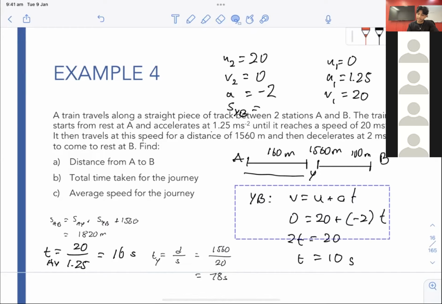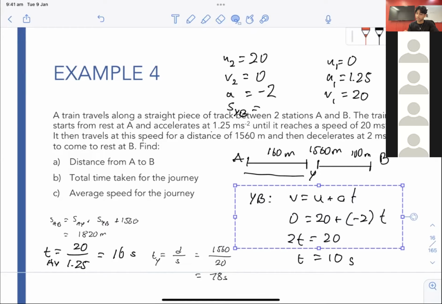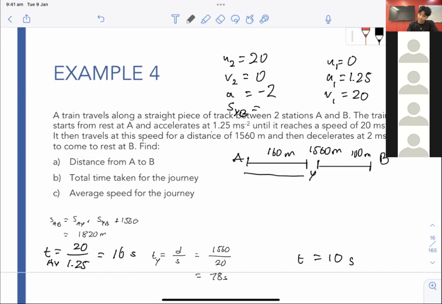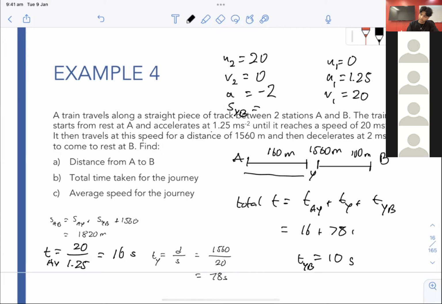So all up, we have our 3 sections and their times now, okay? So I can say total time equals TAY plus TY plus TYB, which is 16 plus 78 plus 10, 104 seconds. Okay.